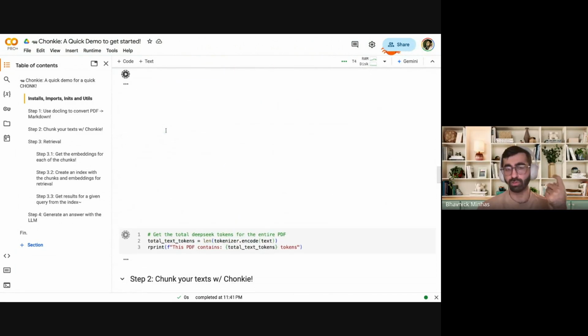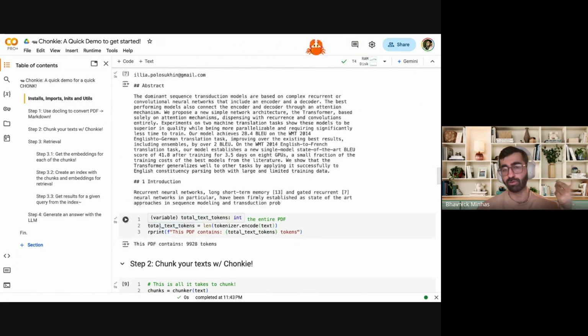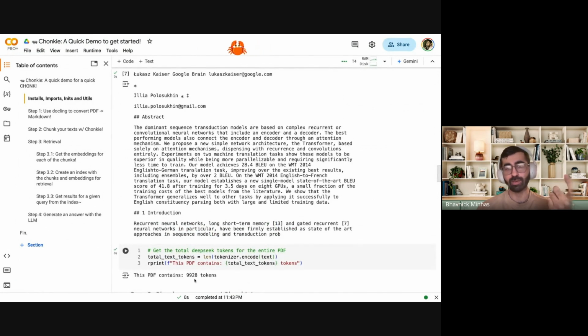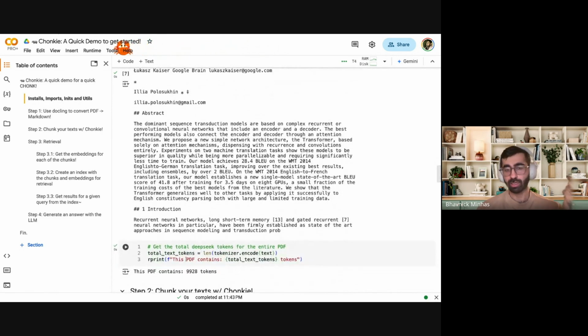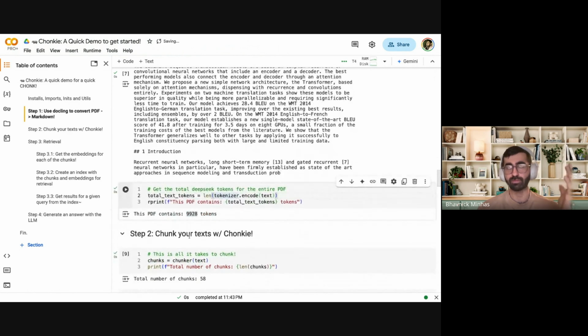So I just use it for estimating the token counts, to give an idea about how many tokens the entire PDF is. By the way, this was the Attention Is All You Need paper. The entire paper is about 9,900 tokens, almost 10,000 tokens. And this is where I use it: just encode the text and get the length of the PDF in tokens.